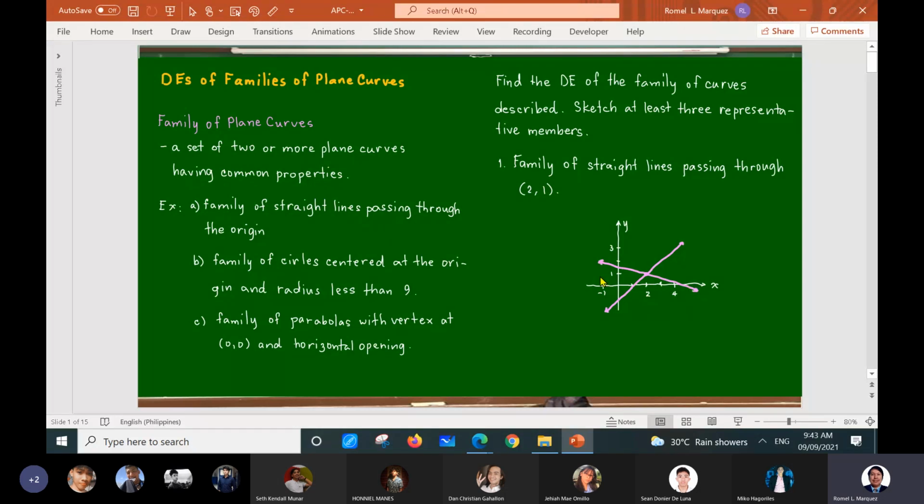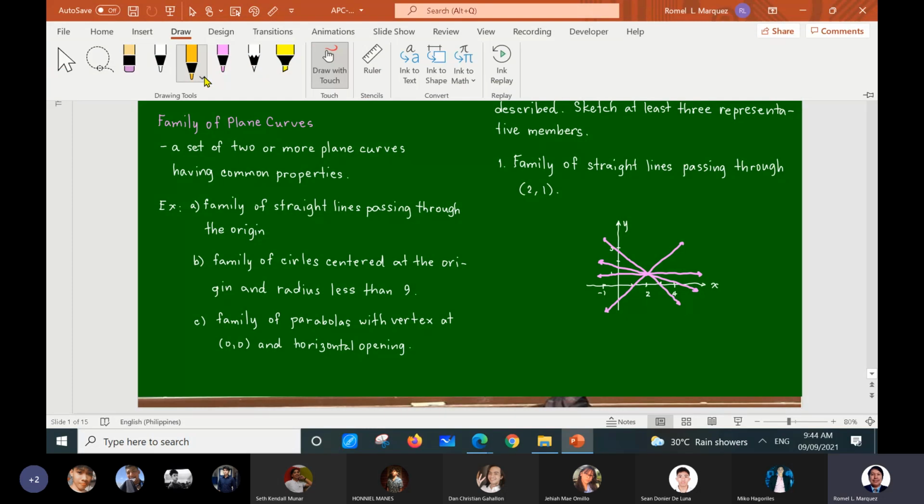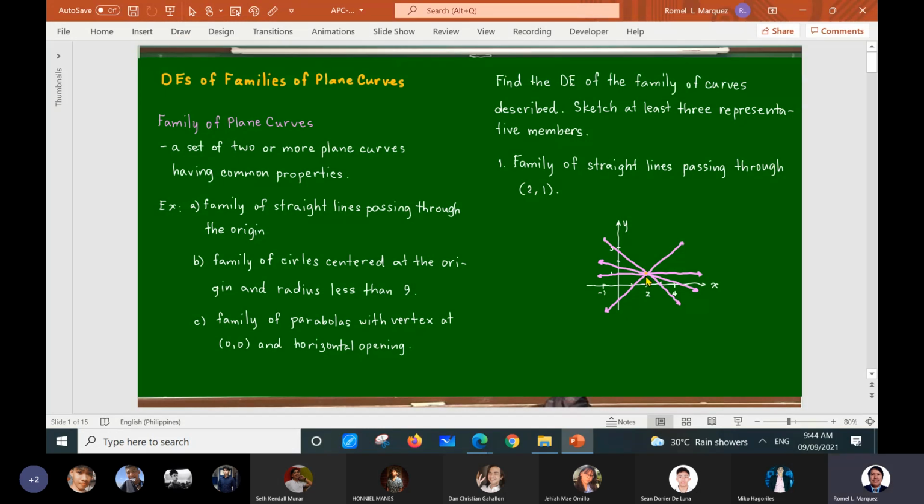It is possible also to be horizontal because the slope of a horizontal line is defined. And then the rest are inclined lines, or slant lines. Okay? Is that clear, children? So these are just some of those members. Am I clear with this, guys?